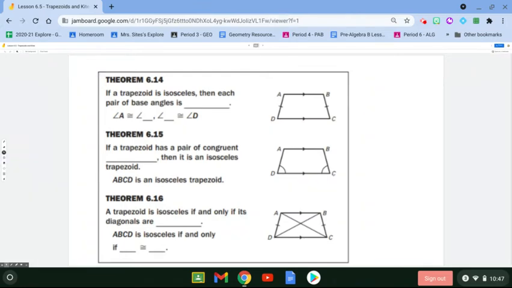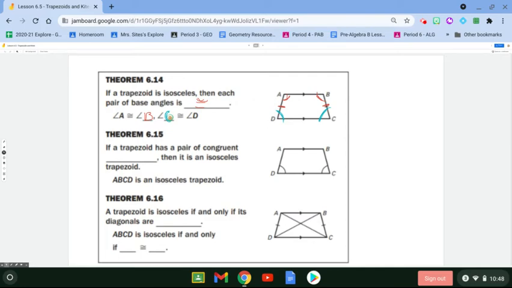If a trapezoid is isosceles, then each pair of base angles is congruent. So angle A would be congruent to angle B, and angle D would be congruent to angle C.